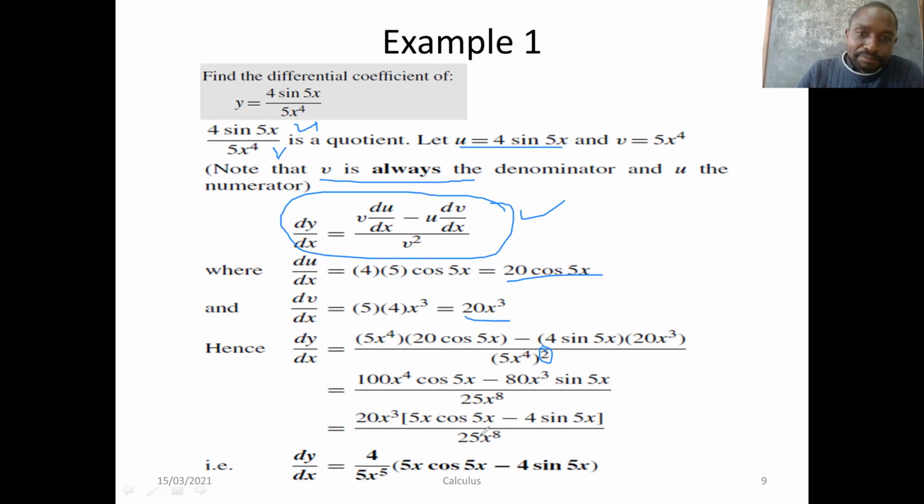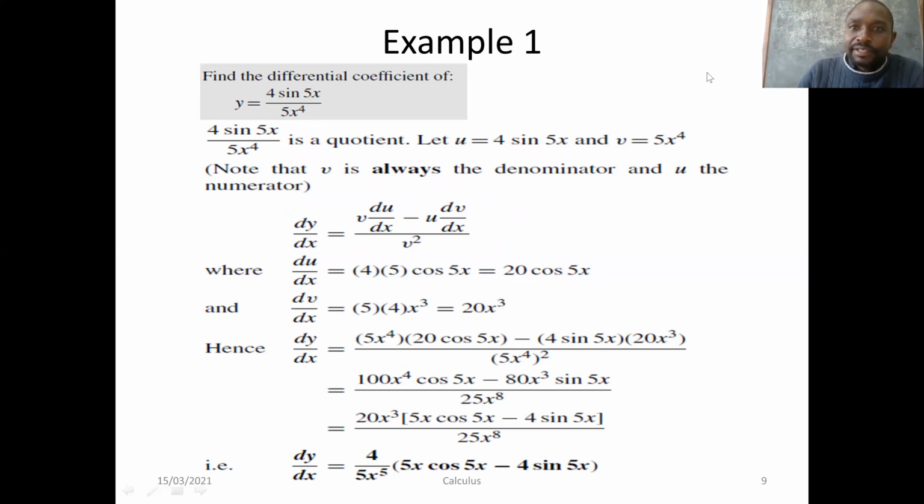Simplifying this further and dividing, you get the final answer, which is 4 over 5 x to the power 5, in bracket 5x cos 5x minus 4 sine 5x as your final answer. So that's on the quotient rule.